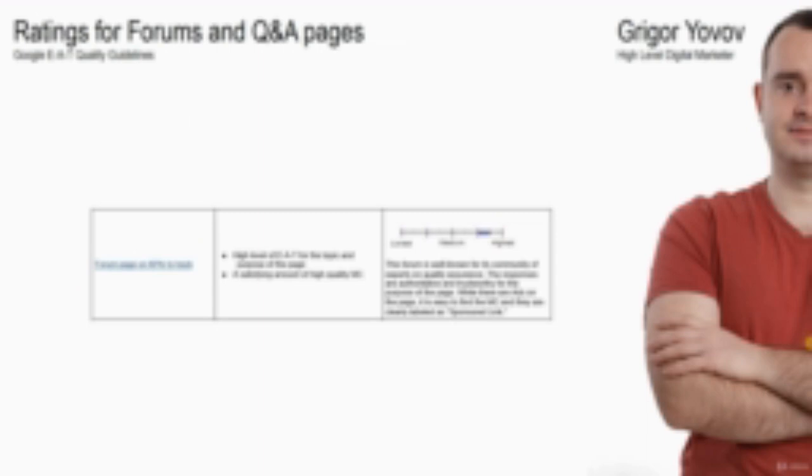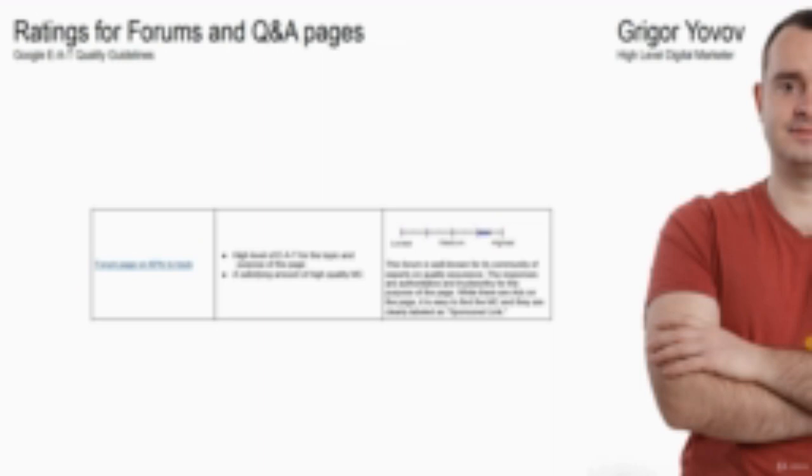as sponsored links. So you can see how important it is when you have ads to mark them as sponsored links or ads, and to be clear with the users, so the user could easily understand what is advertising and what is the main content and what is the meaning of the page.